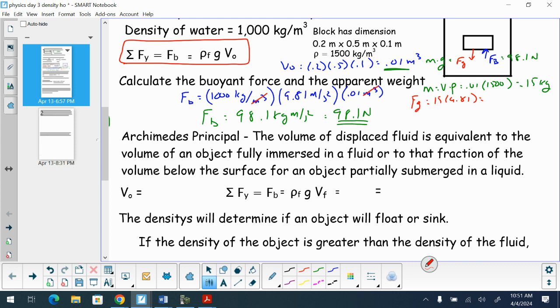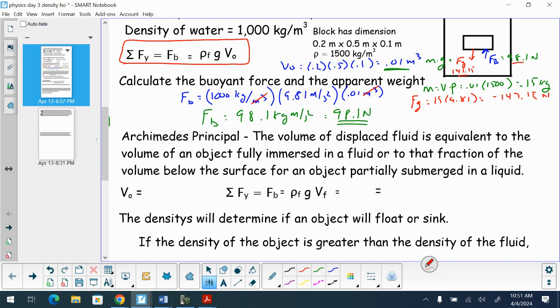Jacob, what do you get? Force of gravity, negative 147.15 newtons. So we are pulling downwards at 147.15 newtons, and we are pushing upwards at 98.1 newtons.